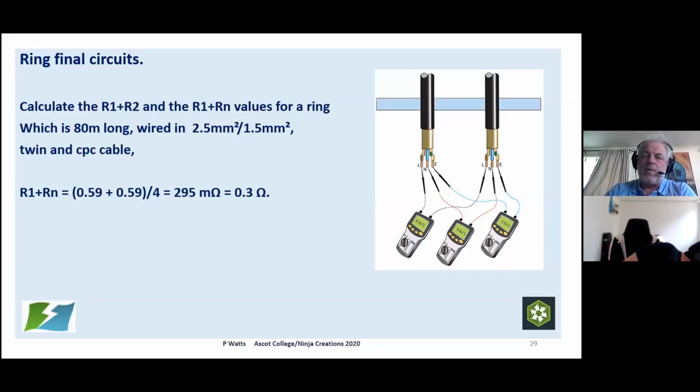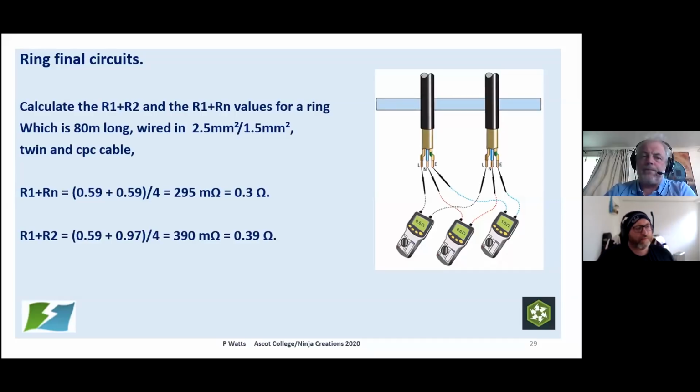We do the same with the R1, R2 value. Little r1 was 0.59, little r2 was 0.97. Add them together and we divide by 4, 0.39. So those are the sorts of values we should be getting.